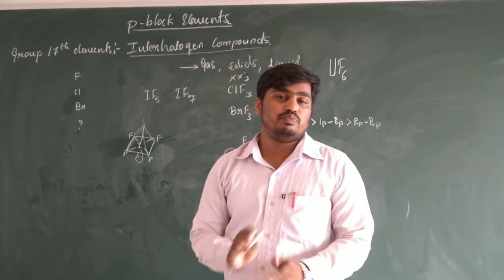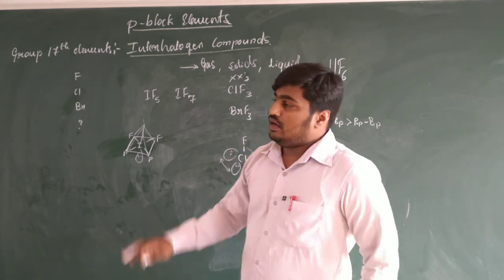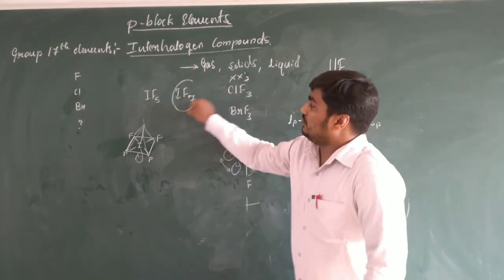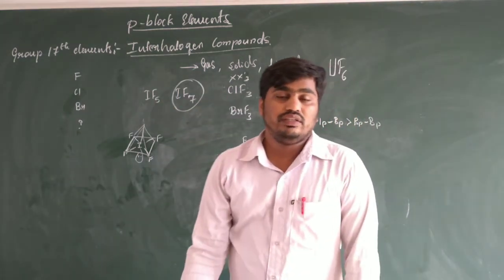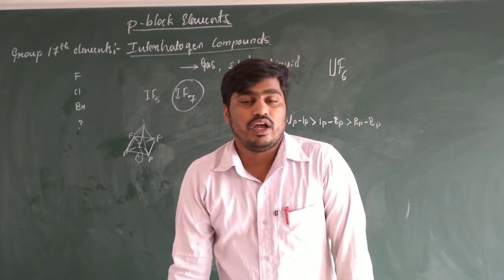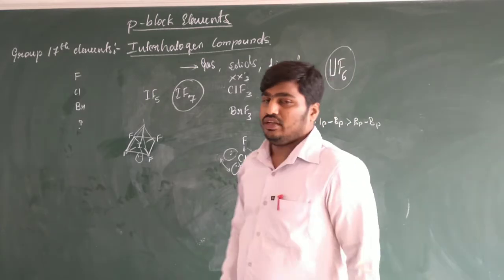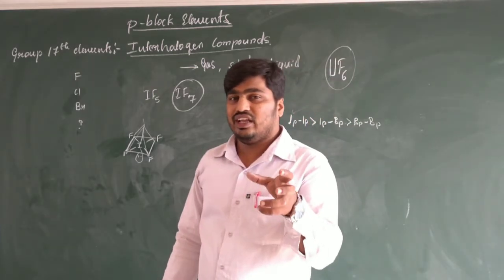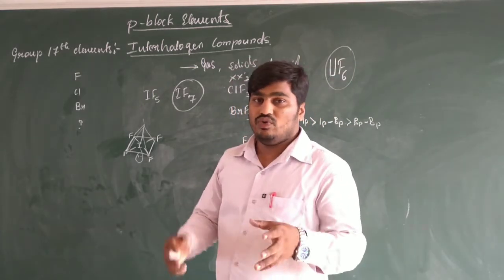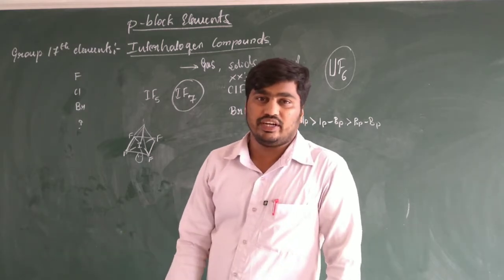When uranium is made to react with IF7, it gives uranium hexafluoride. So that indicates how they act as a fluorinating agent and all that.